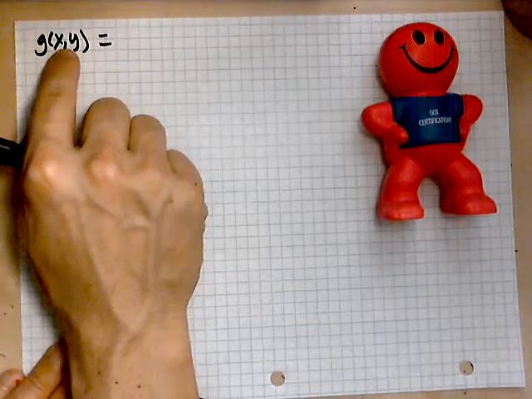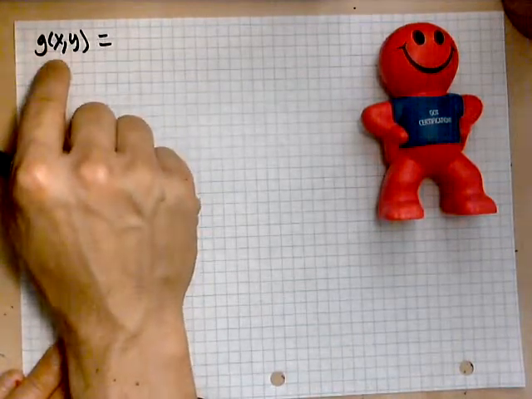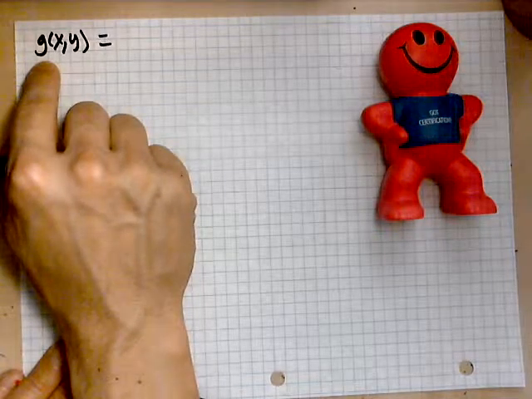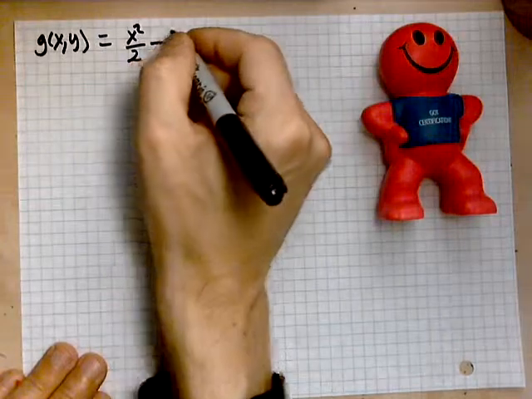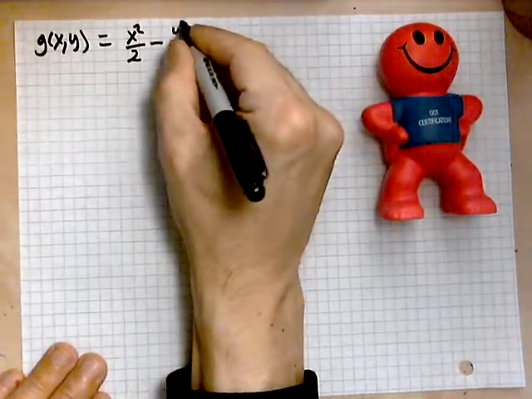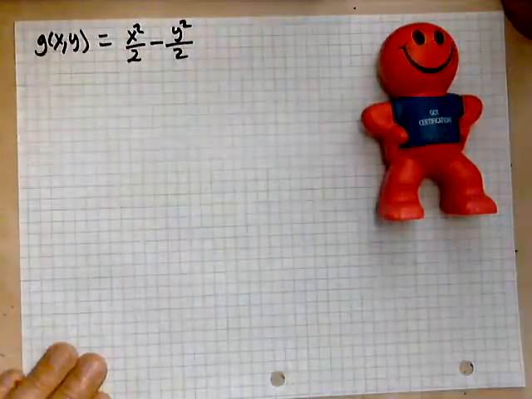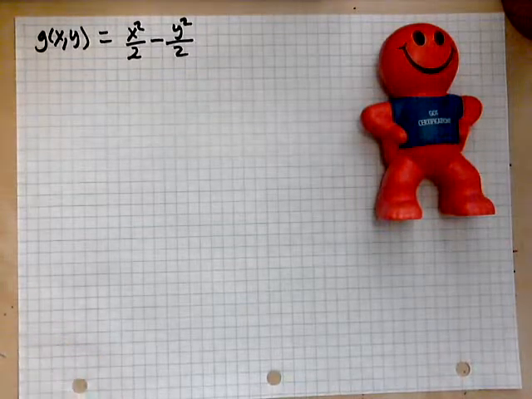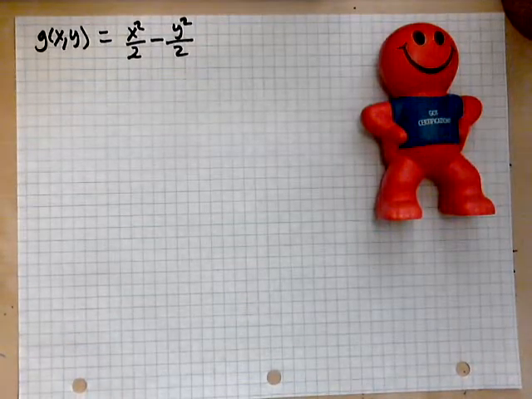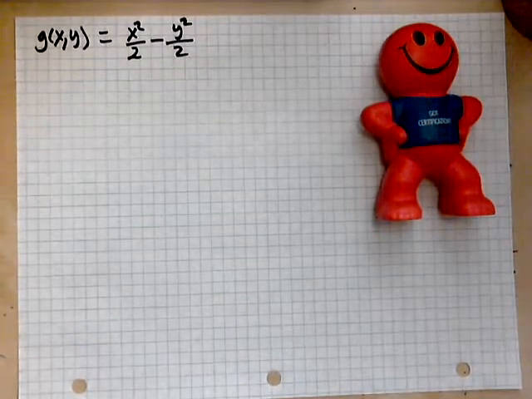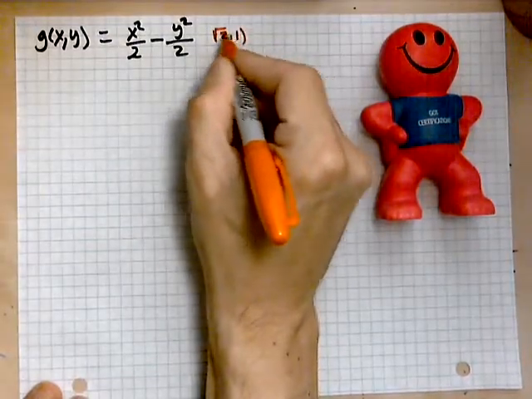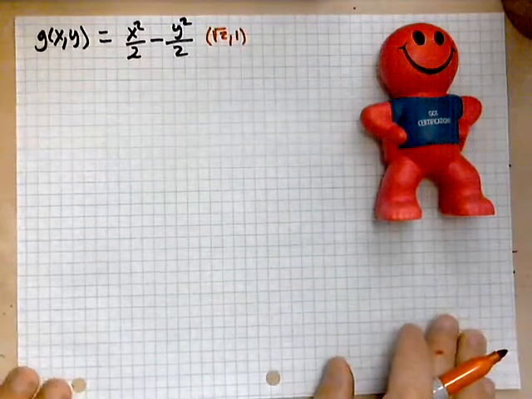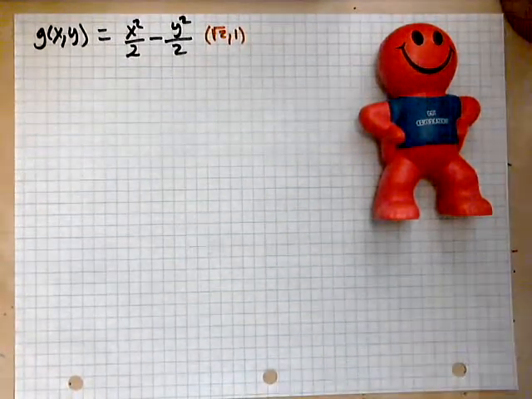These are spatial variables. It's given by x squared over 2 minus y squared over 2. And the point where we are going to find the gradient of this function is the point root 2 comma 1.